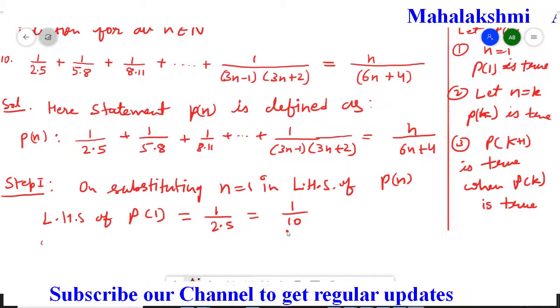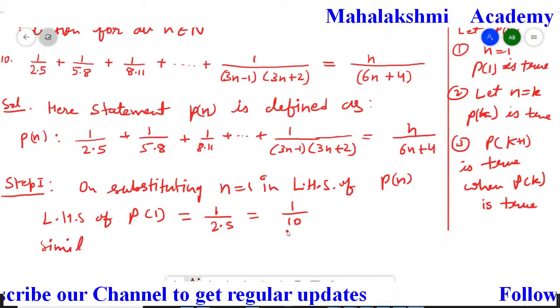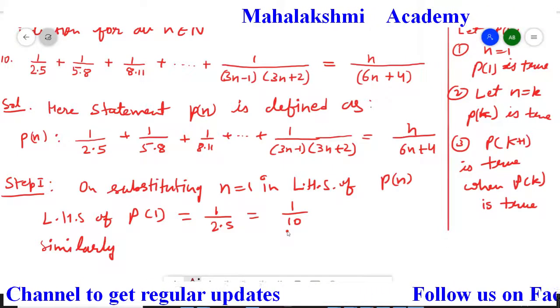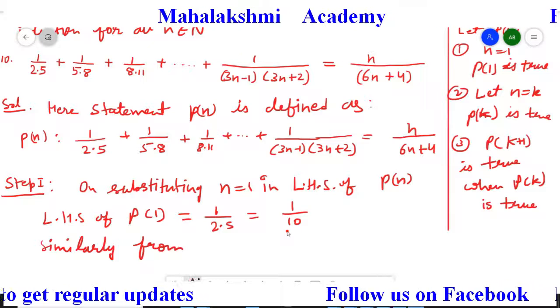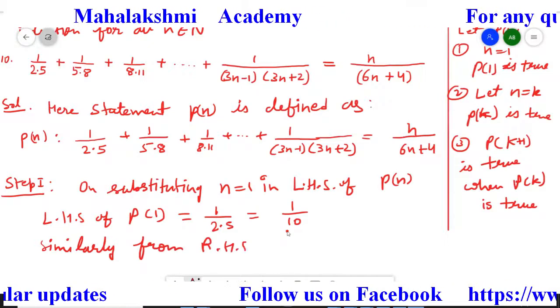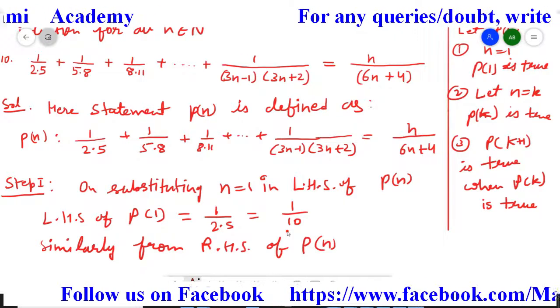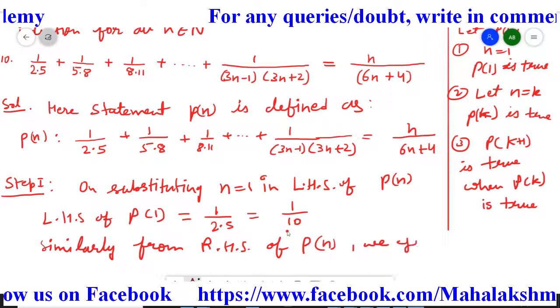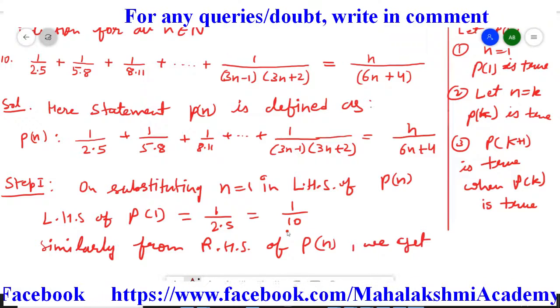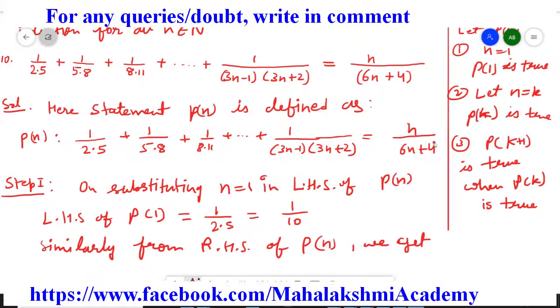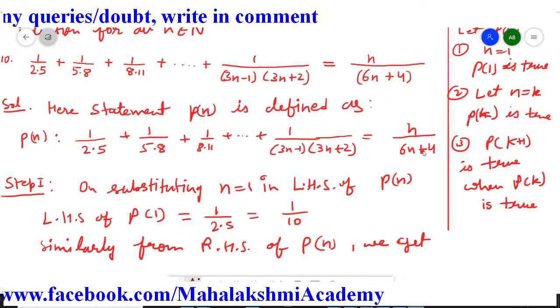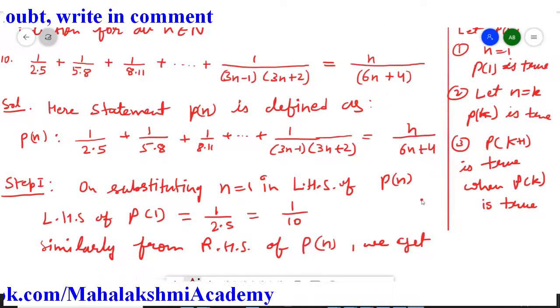Now similarly, from the right hand side of Pn we get, in the right hand side we have n upon 6n plus 4. Instead of n we replace 1.